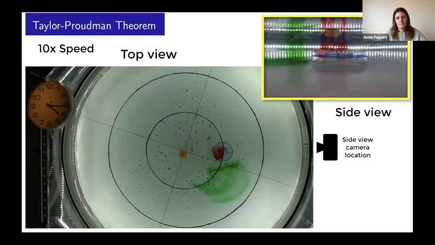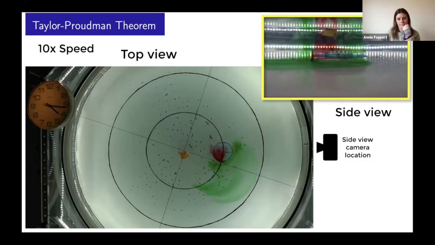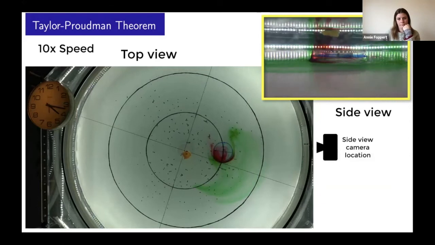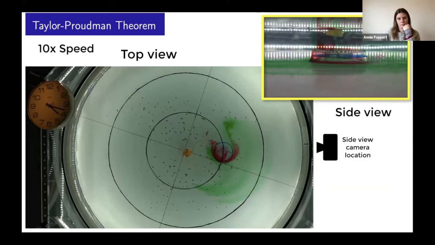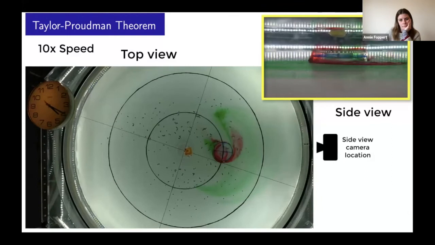For the water to flow over the obstacle, continuity requires that it have a non-zero vertical component of the horizontal velocity, which contradicts the Taylor-Proudman theorem. Now, as we see here, the obstacle, even though it is relatively small and on the bottom of the tank, has a significant influence on the flow throughout the full depth, including the surface.